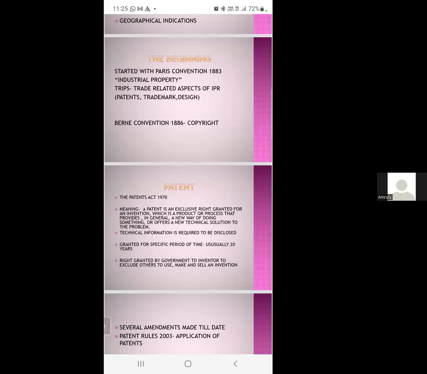When we apply for protecting that process, the document or the right we get is the patent. So the general definition is: a patent is an exclusive right granted for an invention, which is a product or process that provides in general a new way of doing something or offers a new technical solution to a problem. So if there is uniqueness, a newness to the product or the process, then only the patent is granted.